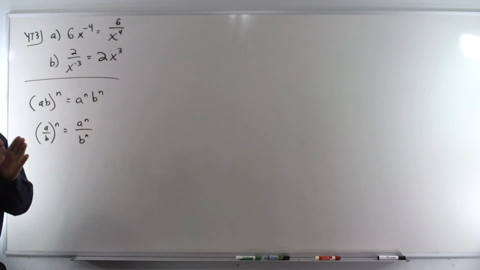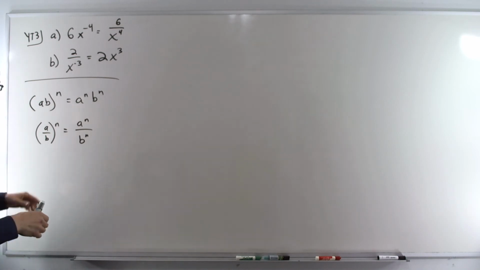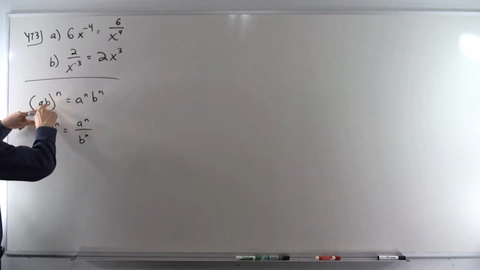We call it factors of things that are multiplied together or divided. So we're going to apply this to the a and also apply it to the b.